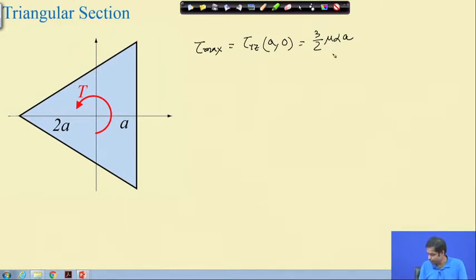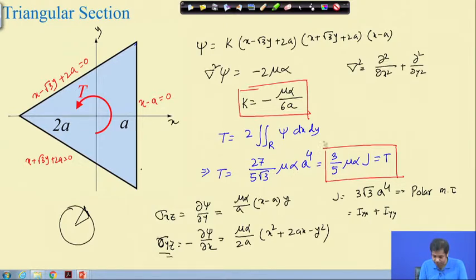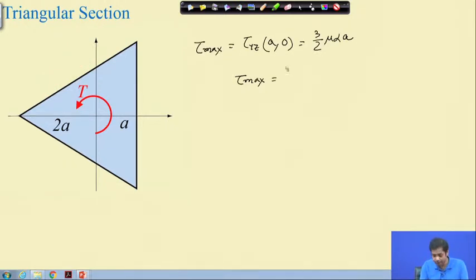And if you write it in terms of torsion, tau max will be, if you substitute alpha in the previous expression, we know the relation between alpha and T, and if you substitute this relation into this, the final expression we get is 5 root 3 into torsion divided by 18a cube. Okay. This is the final expression for shear stress.